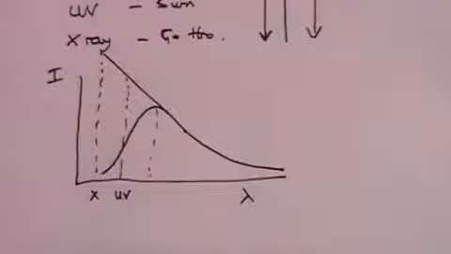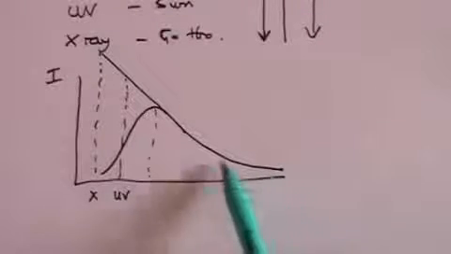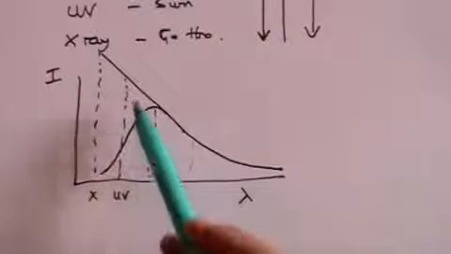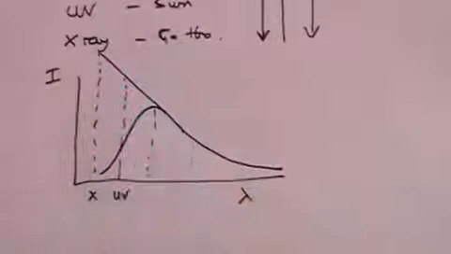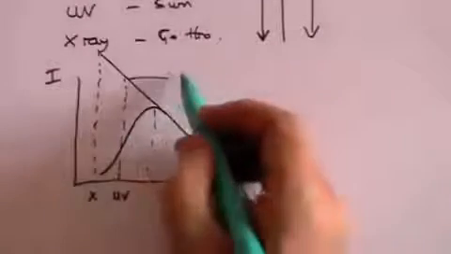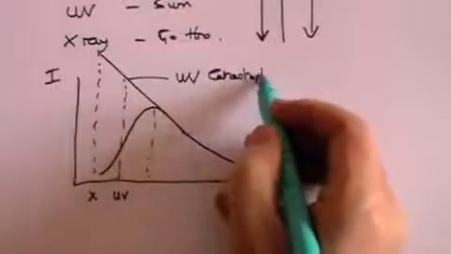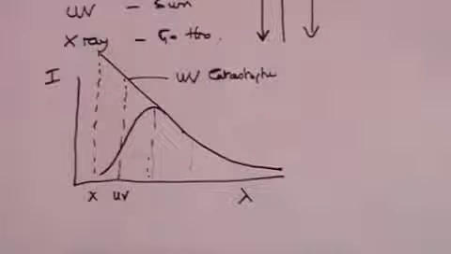Now, thank goodness it isn't, because if it were, when you sat in front of an electric fire, not only would you get the heat here, not only would you get the light here, but you would be absolutely frazzled by the ultraviolet and X-ray radiation. And that is called the ultraviolet catastrophe. Because if it happened, and it doesn't, it would be a genuine catastrophe. So it's just as well that it doesn't.